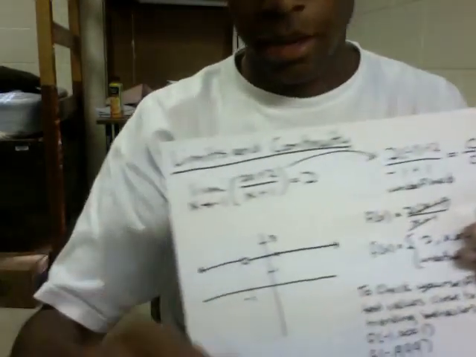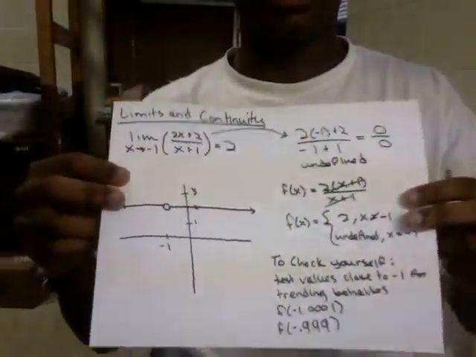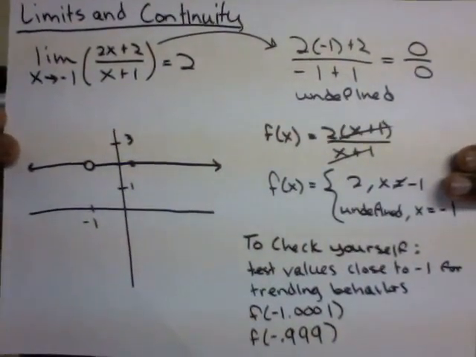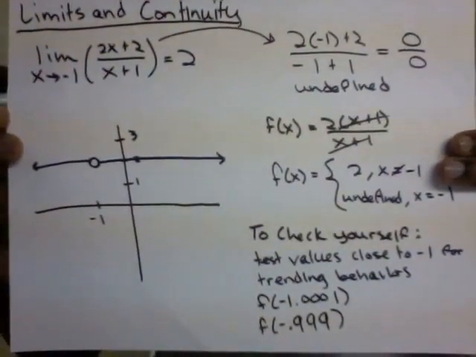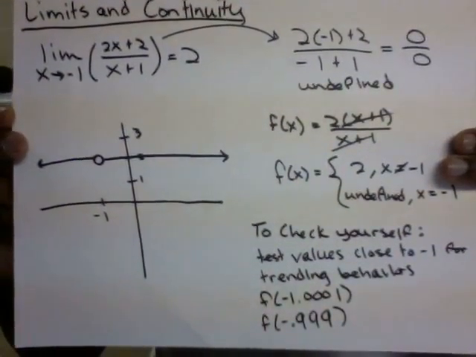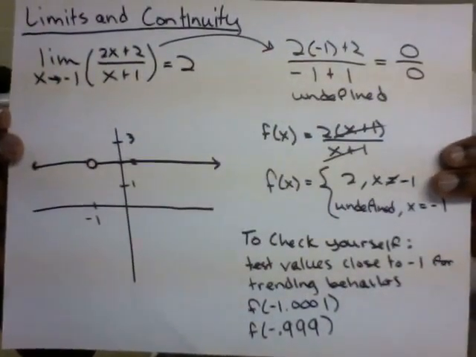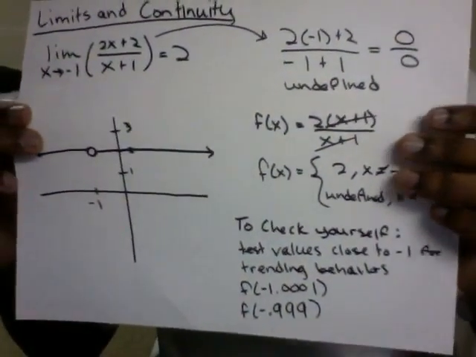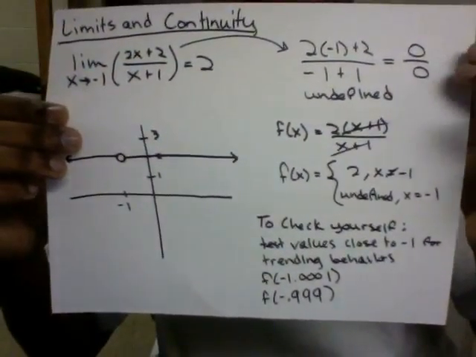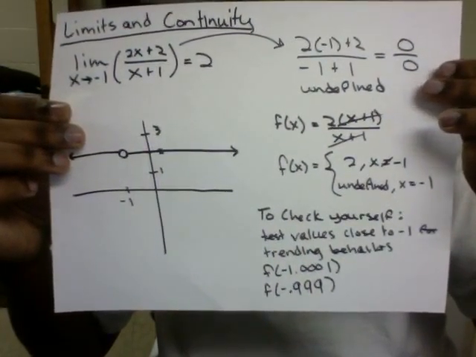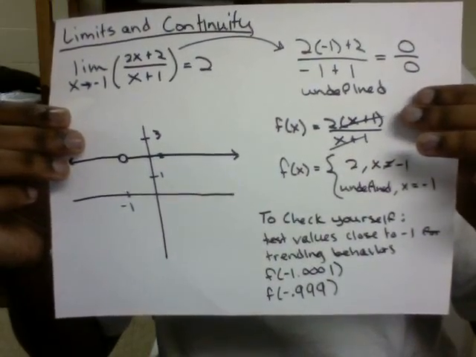I guess what would help make it more clear is another example. So let me show you another example of this limit process in continuity. We have the limit as x approaches -1 of 2x plus 2 over x plus 1. We see that the answer is 2, but when you plug -1 into the equation, you come out with 0 over 0, which is undefined, so you can't use that.